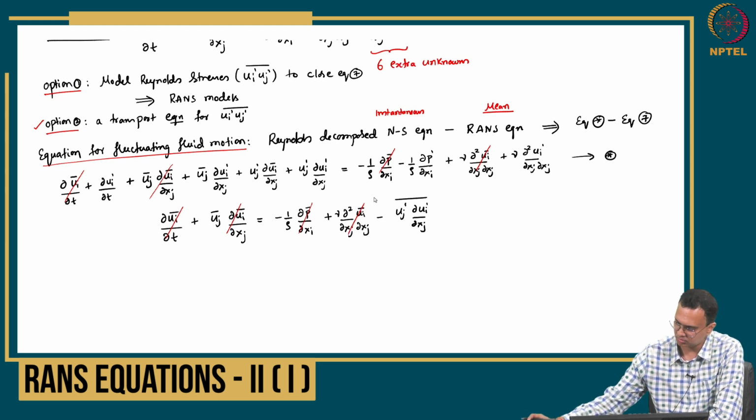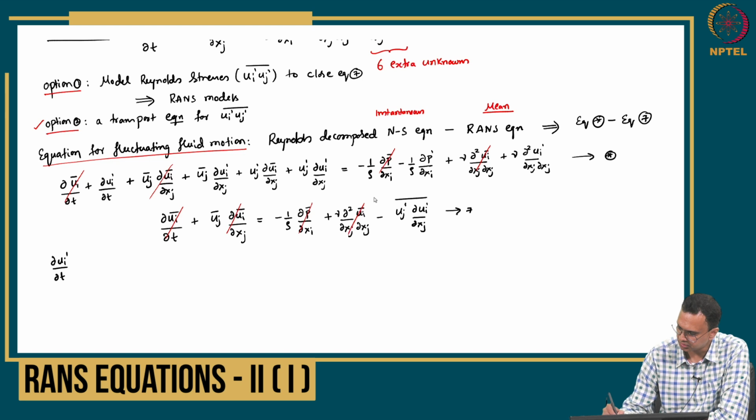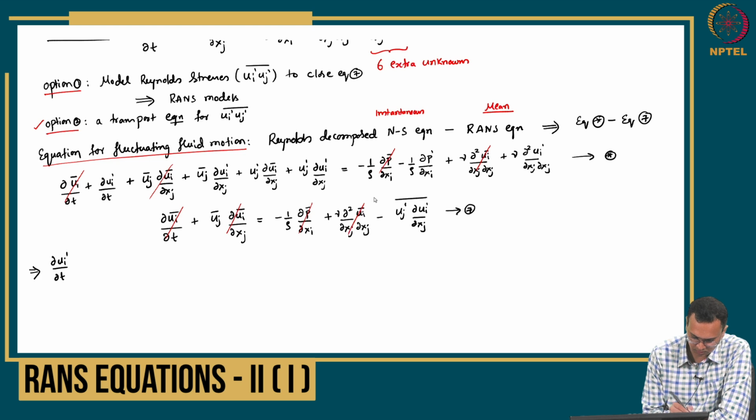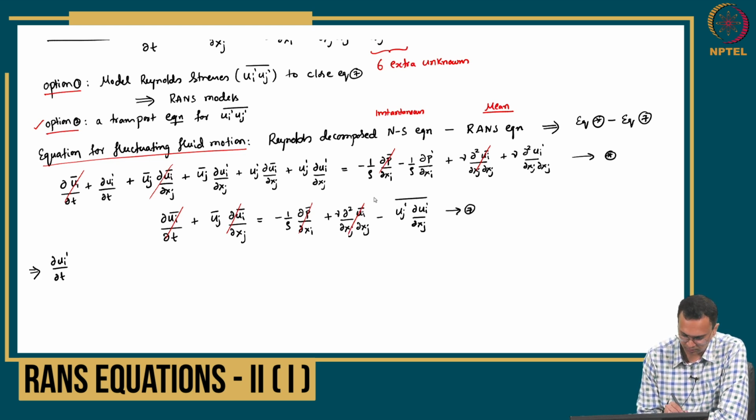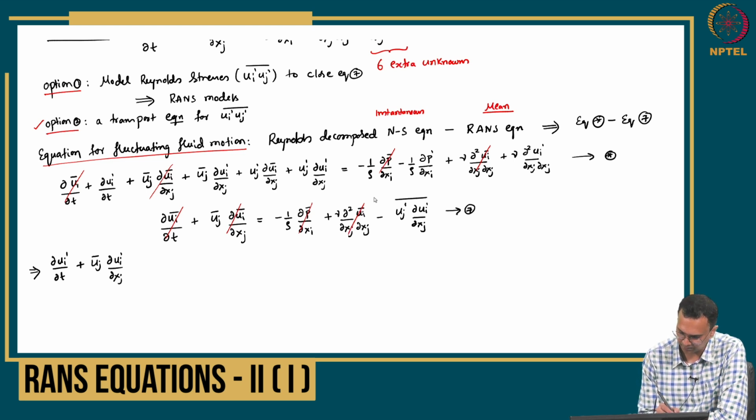So this minus this, what are the terms coming out is basically dou ui prime by dou t, this is your equation 7. So the equation for fluctuating fluid motion: I have one unsteady term, there is a convective term plus uj bar dou ui prime by dou xj, and then on the left hand side one of these is gone, so two more extra terms are there, this and this, right?